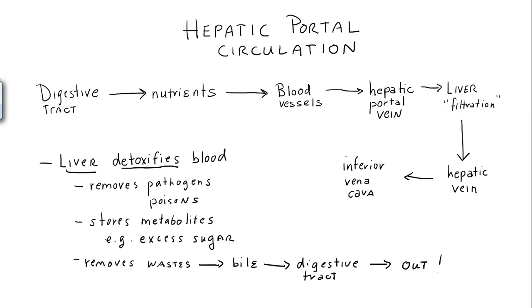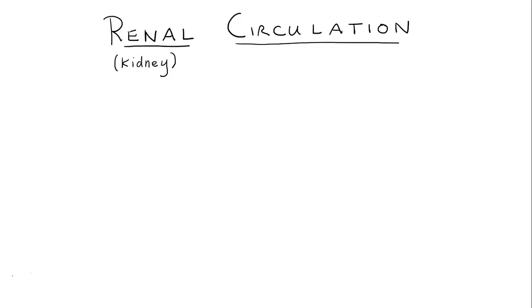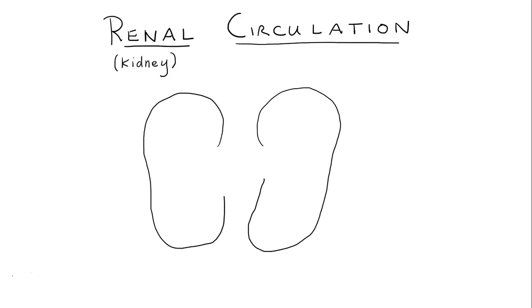And then in our next slide, we're going to talk about the renal circulation, or circulation to the kidney. The kidney is going to filter the blood, and you have two kidneys. The blood leads into the kidney through the descending aorta, which branches off into the renal arteries, and you can see them in red.